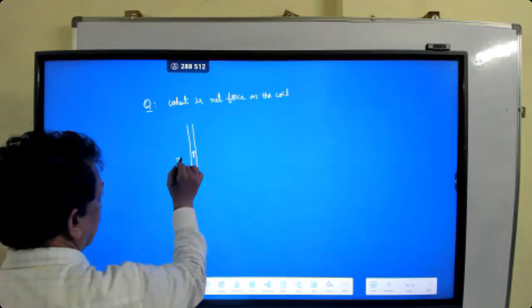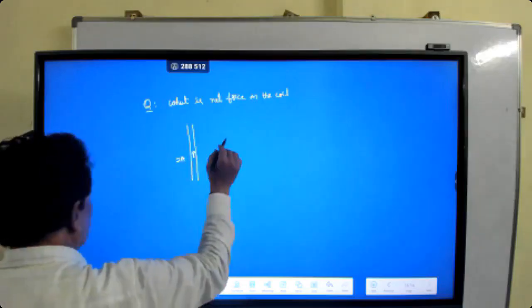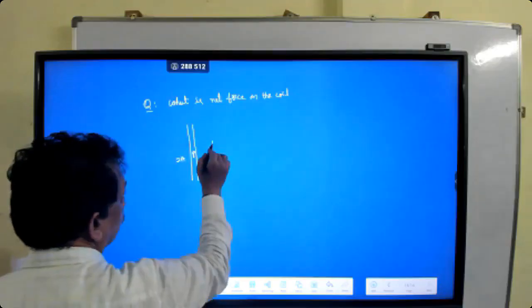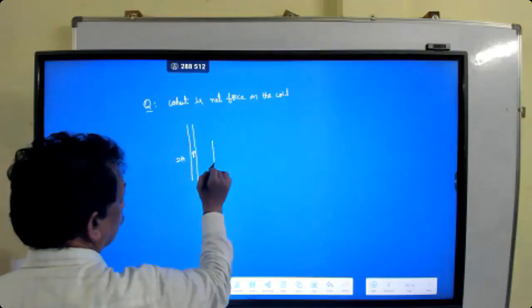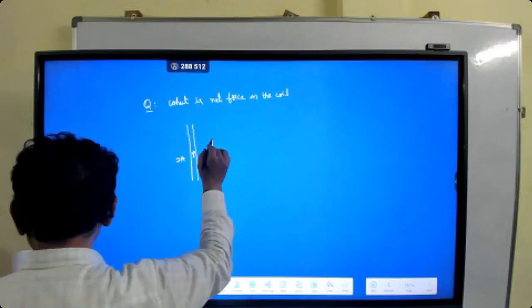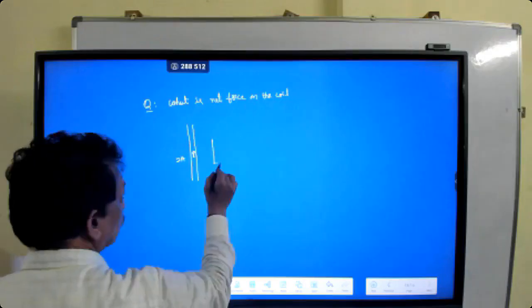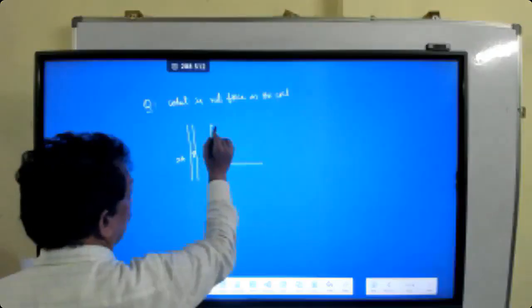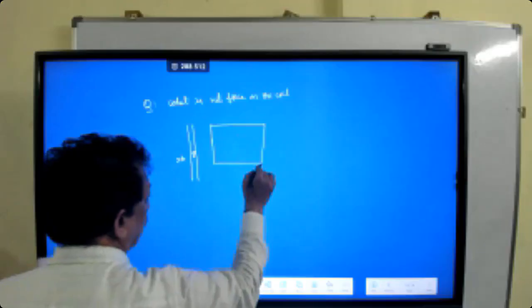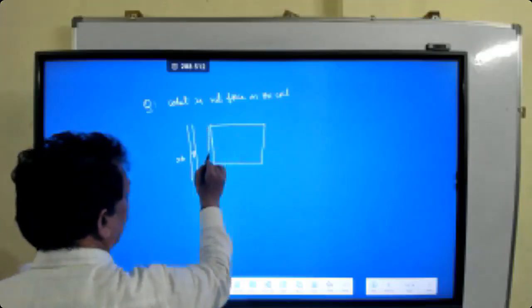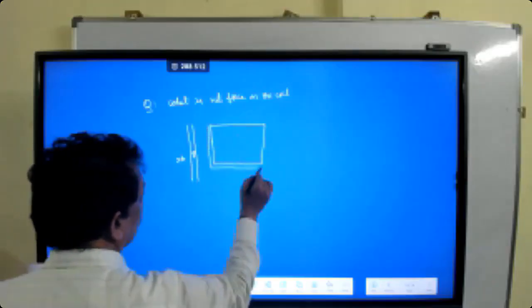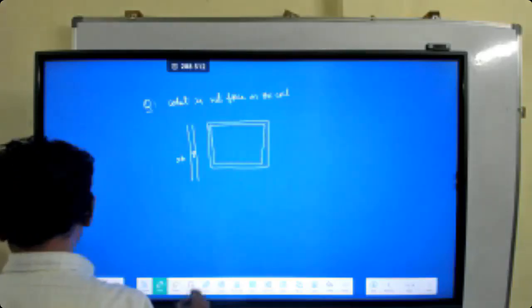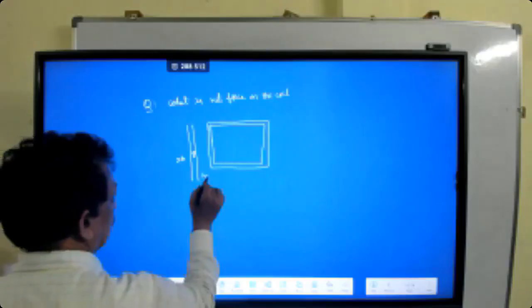This is the conductor Y, carrying 2 ampere. From here to here is 2 centimeter.